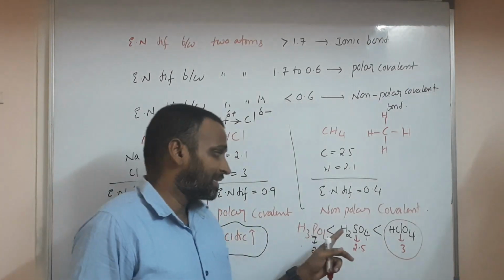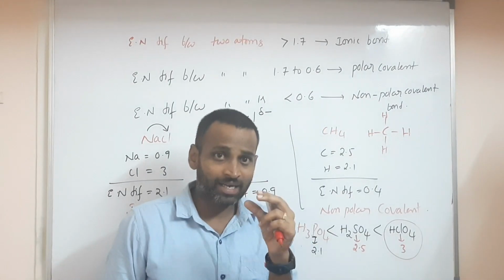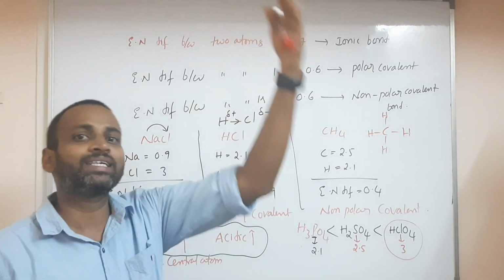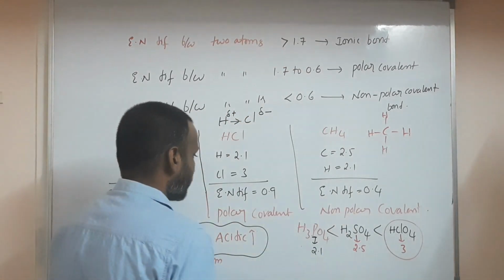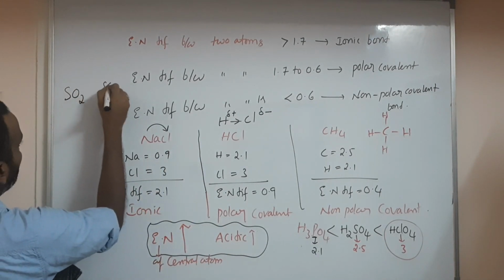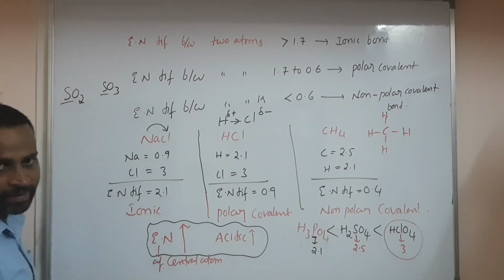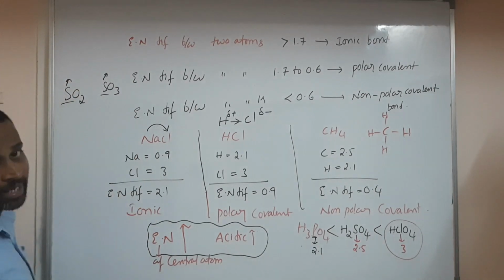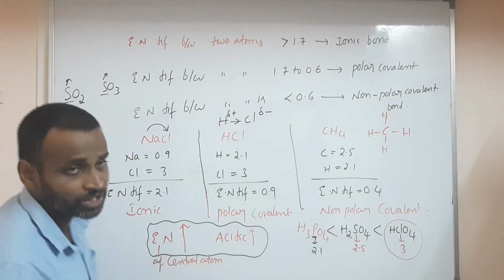By knowing the central atom oxidation state also we can say. If the oxidation state is more, then acidic nature is more. How to identify? I told you, maybe you forgot. SO2 and SO3: if the central atom is the same, we cannot compare electronegativity, so we consider oxidation states.